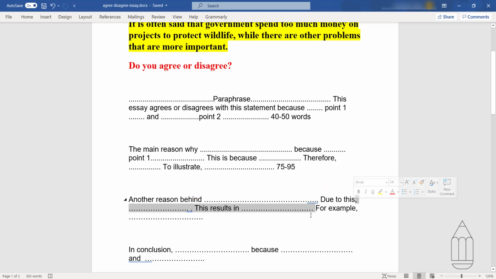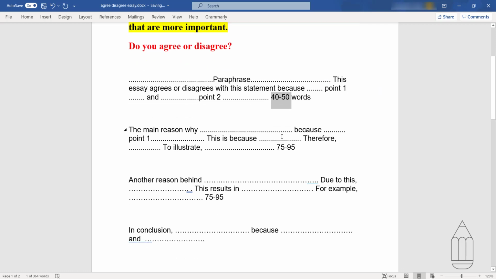Then we have to give the example, and that's it. The word count should be around 75 to 95. So with the introduction we have around 40 to 50 words, and we have already covered 200 words, so we just need to write 50 more words.